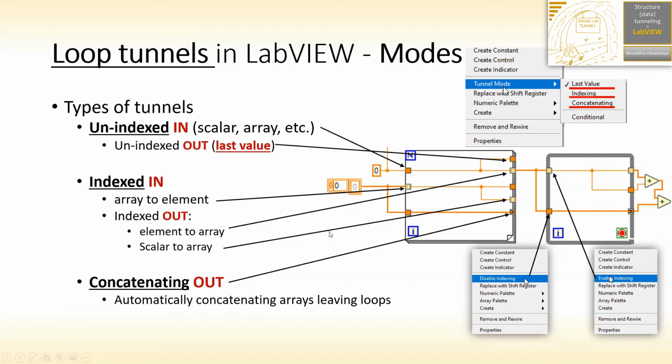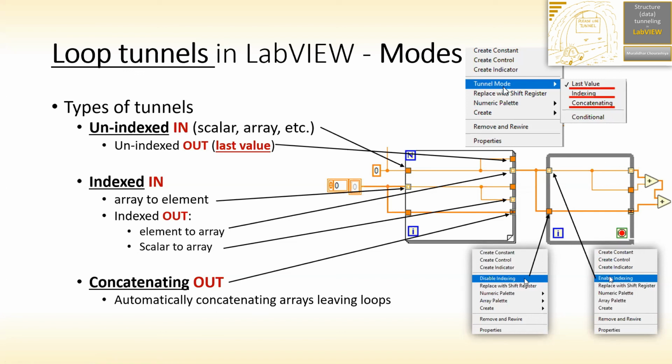And the third one is concatenating. You pass in an array, and when it outputs, it will append the array in each cycle. It will take one array, and when it completes one loop, it returns with the arrays connected and joined together.